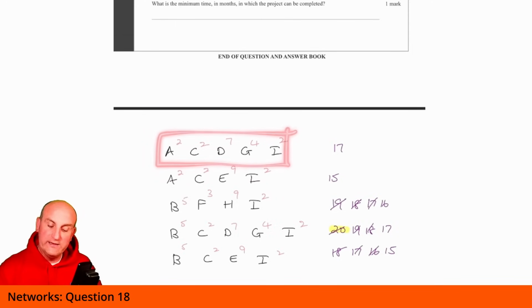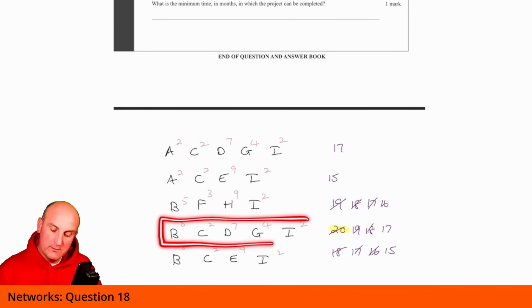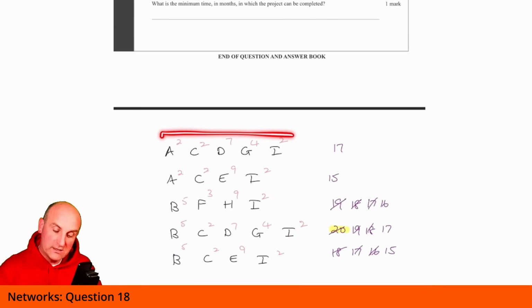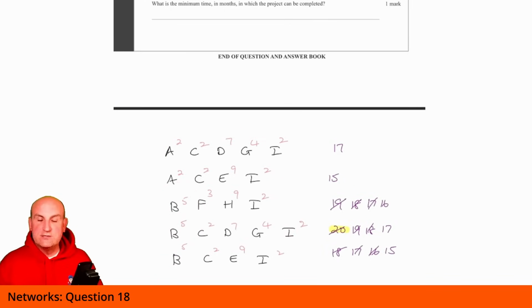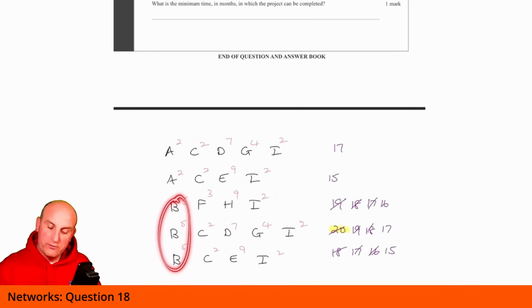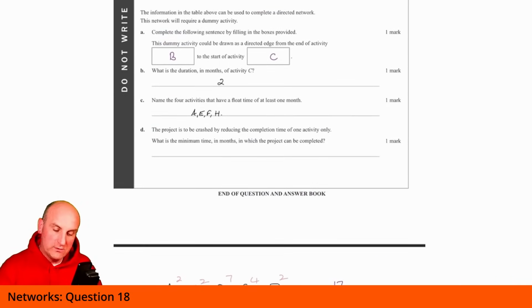There's actually no point reducing anything on here at the moment unless I could also reduce it on here. And because I've chosen B, there's not much else I can do. So actually the correct answer here is that B can be reduced by 3. And so my new minimum completion time, which is what the question actually is asking, is 17 months.